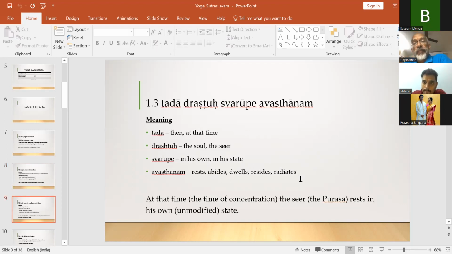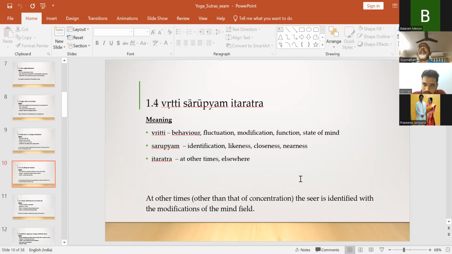If you get into a state of chitta vritti nirodha, then tada drashtuh svarupe avasthanam. Tada means then, when chitta vritti nirodha has happened; drashtu means the soul or the seer; svarupe means in his own state; avasthanam, he will be established in his own state. Suppose one is not established in chitta vritti nirodha, then what happens?